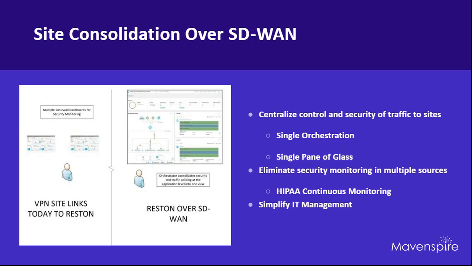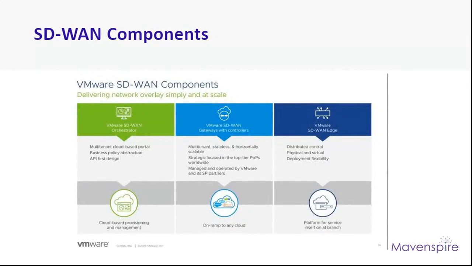SD-WAN consolidates a lot of that and gives you a single pane of glass through its orchestration service, where you're able to apply your rules and policies around your traffic, and you have visibility into your internet traffic, your intranet traffic, and your WAN traffic, be that public or private Wi-Fi. It gives you that single pane of glass, allows for the centralized monitoring and also reporting on the security of the traffic within your links.